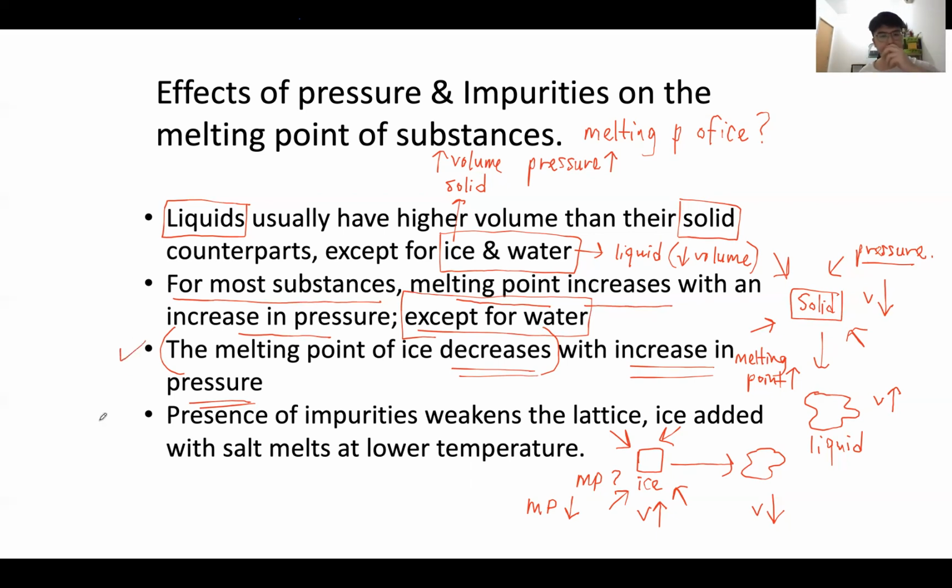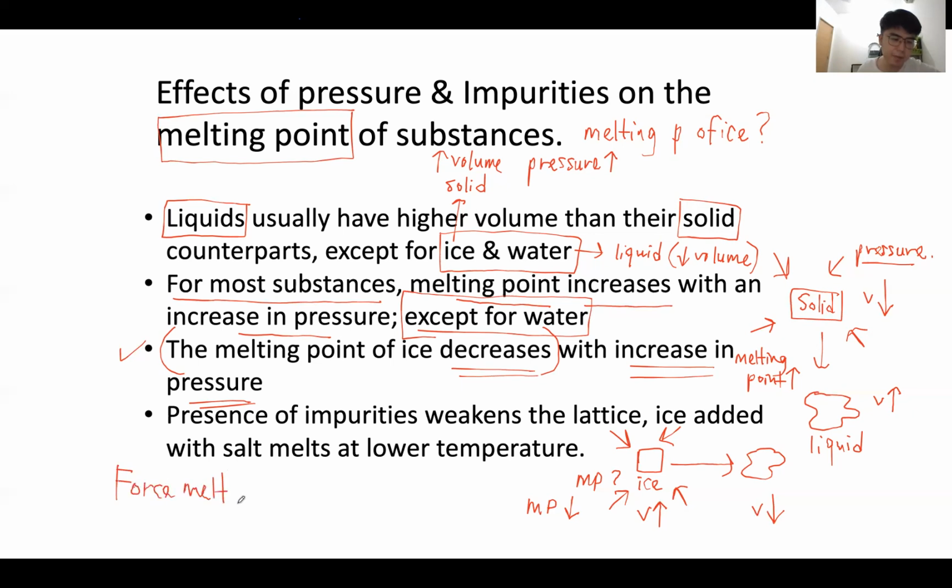Okay, point number 3. This is for melting point, and the previous one is for boiling point. So meaning that sometimes you've seen this term, like they said, force melt.